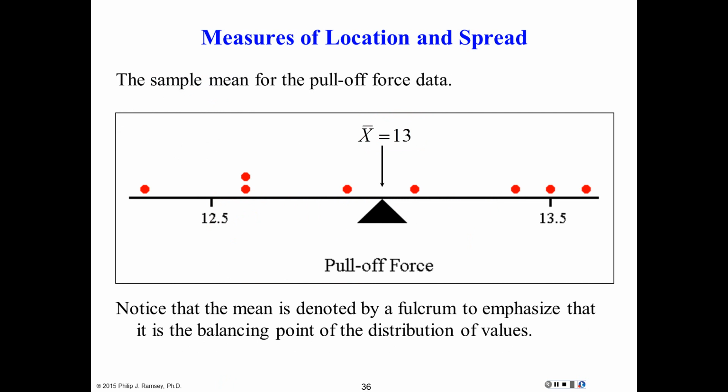So if we thought of our dot plot with our measurements on it as a balance beam, the average is where you would put the fulcrum so the beam is balanced. Okay? That happens to be 13. So that's the sample average, and that is a measure of where the distribution is located.